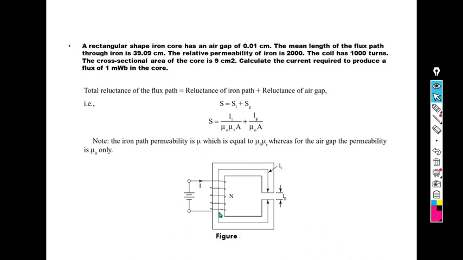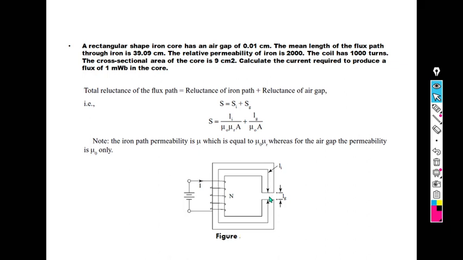Another thing is that the current which is flowing through this coil produces the flux phi. So this phi is flowing through this path, this path, this path, and also through the air gap, and again to the iron material. So it is a series circuit, because the same flux is flowing both in the iron core as well as the air gap.